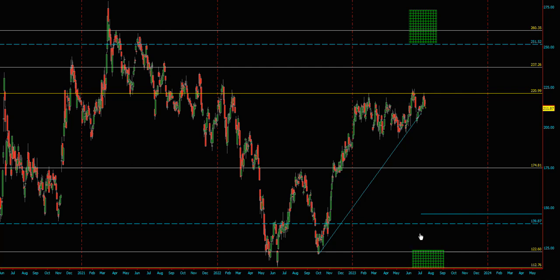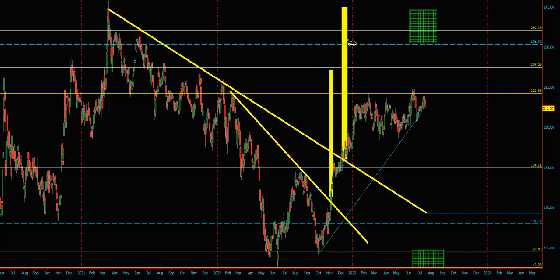This is also posted since April, and it is just going sideways. It is collecting big energy, and this big move is coming. All right, we also added some frequency targets.